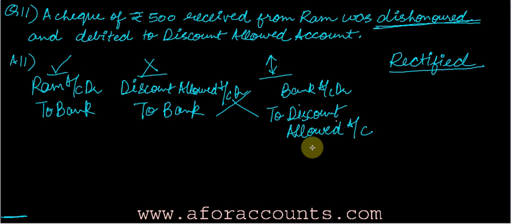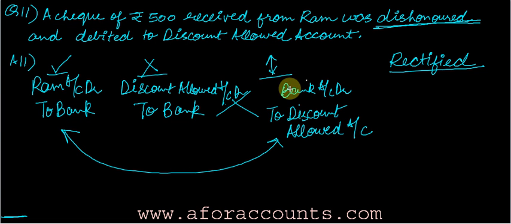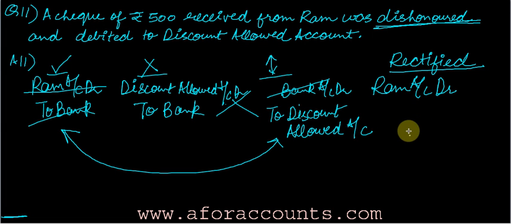account. Okay, now comparing the right and the reverse entry, most important point, comparing. So bank and debit and credit is cancelled and my rectified entry is Ram account debit to discount allowed.